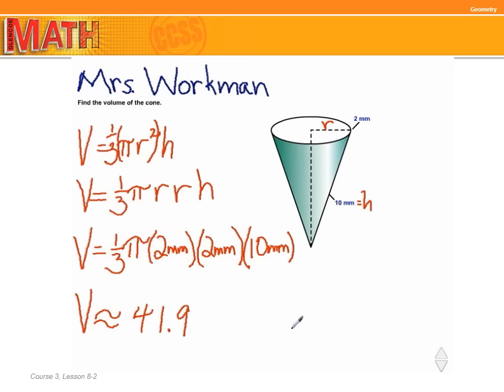And as far as the dimensions are concerned, we have millimeters times millimeters times millimeters, and that's cubic millimeters. The volume of this cone is about equal to 41 9/10 cubic millimeters.